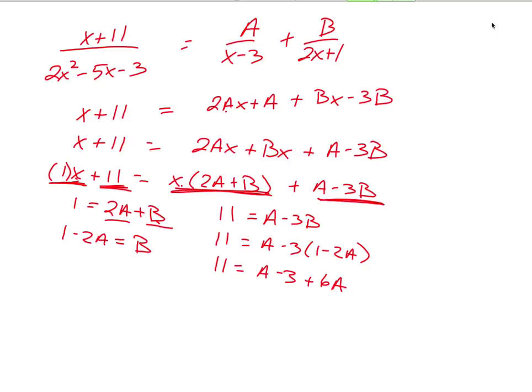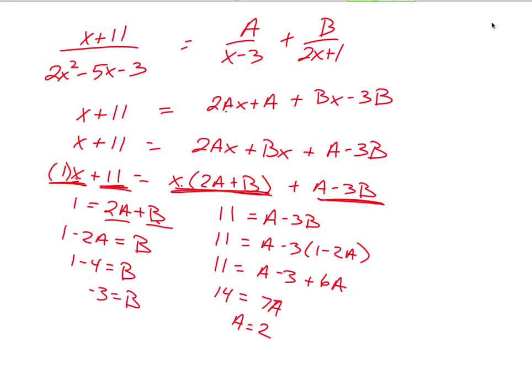Add the 3 over, gives me 14. A and 6a give me 7a, so that means a has to be equal to 2. Plug that 2 back in over here, so that gives me 1 minus 4 equals b.